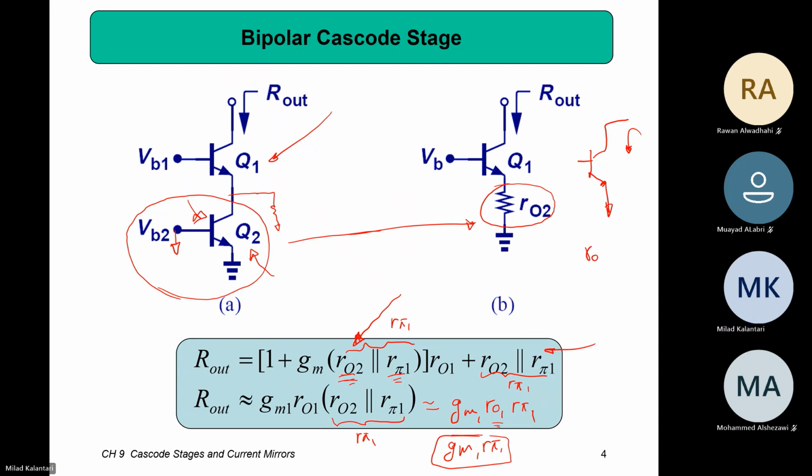Can you tell how? gm is IC over VT, and r pi is beta times 1 over gm. Maybe I write it the other way, it is better. We have gm, and r pi is 1 over gm times beta. So basically it's like beta times, right? So if we have this kind of device at the bottom, then what we see at the output is beta times the R out, right?